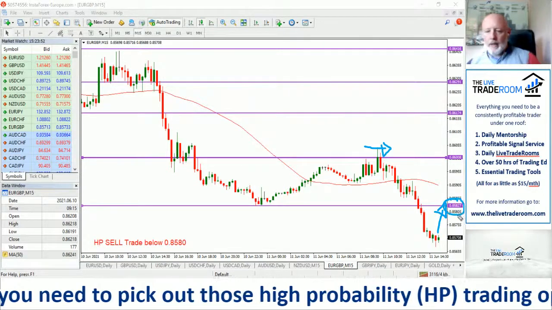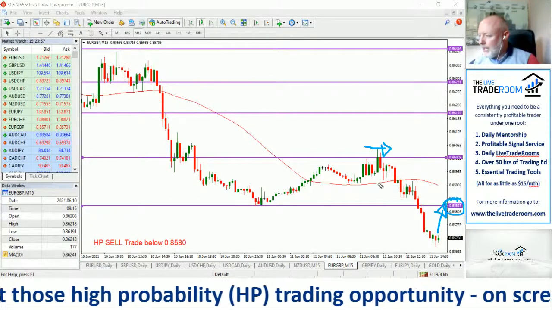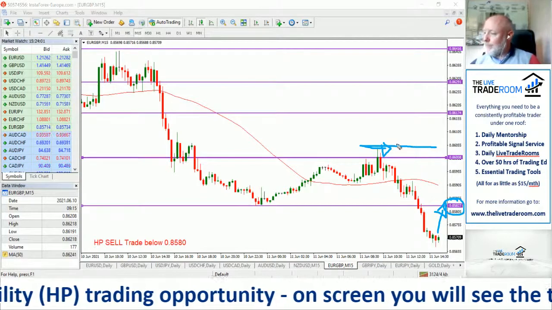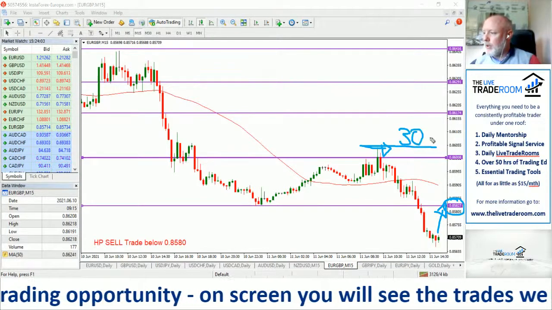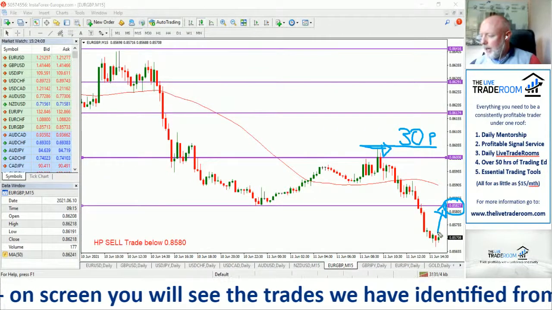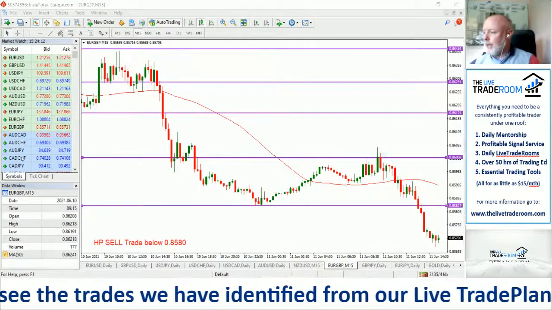That would be something that we would contemplate getting in to the downside, and we'd then have perhaps a 30 pip stop loss on a sell trade. So if we get a bit of a pullback in this market, we can certainly look for this further to the downside.